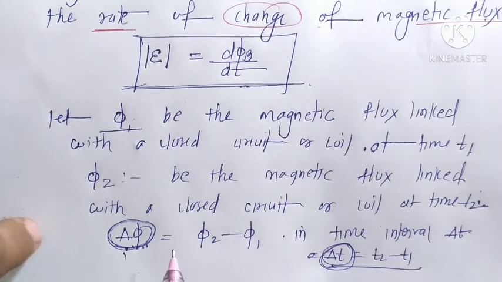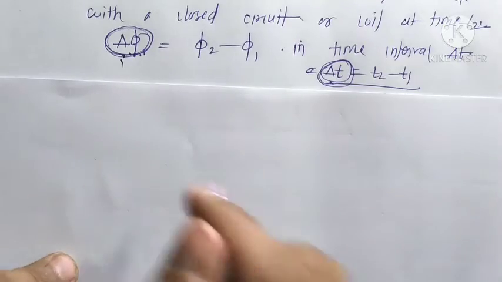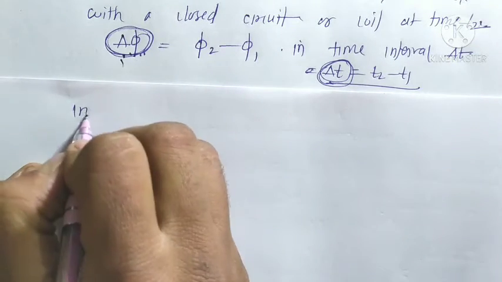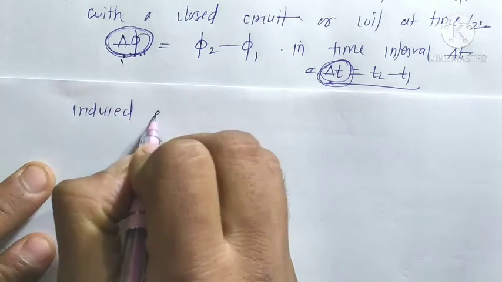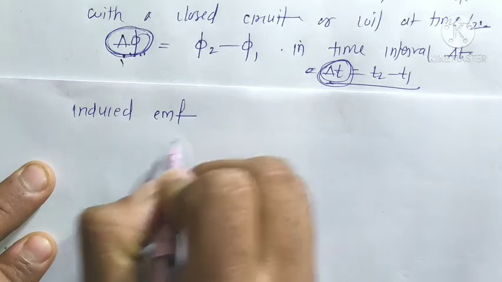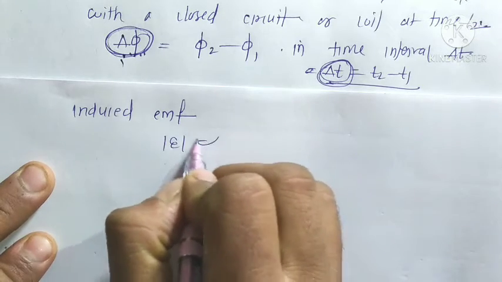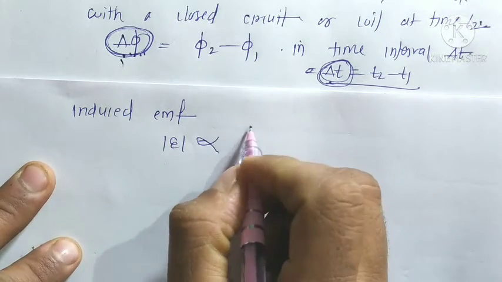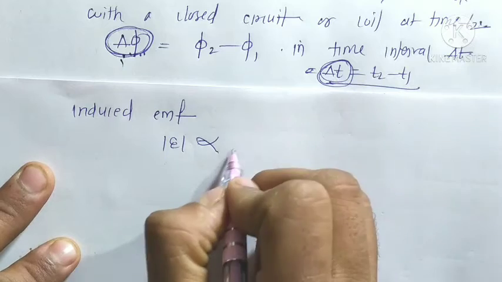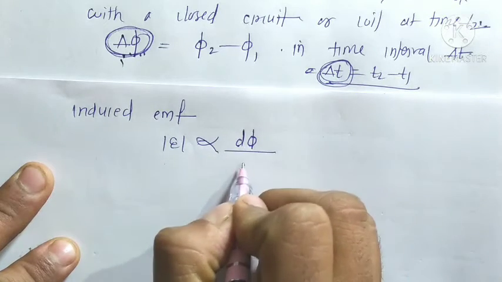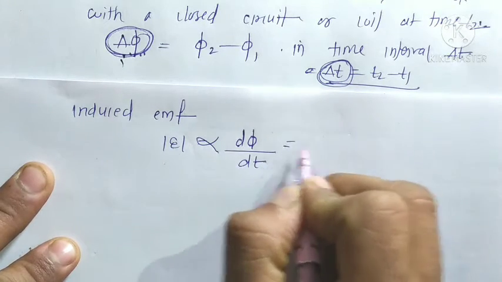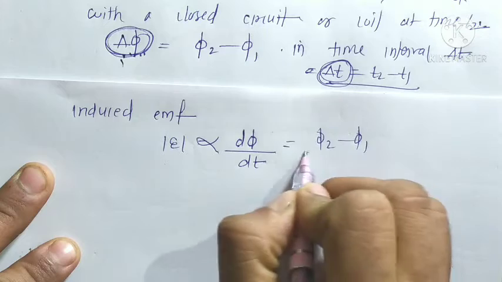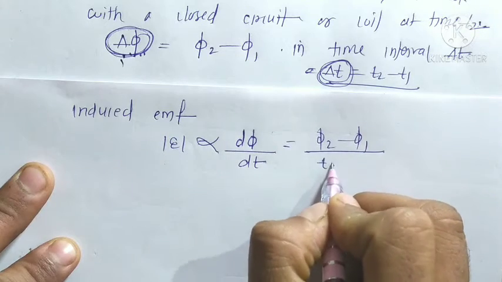So what will be the induced EMF here? The induced EMF is proportional to the rate of change of magnetic flux, d phi upon dt, which we can write as phi 2 minus phi 1 upon t2 minus t1.